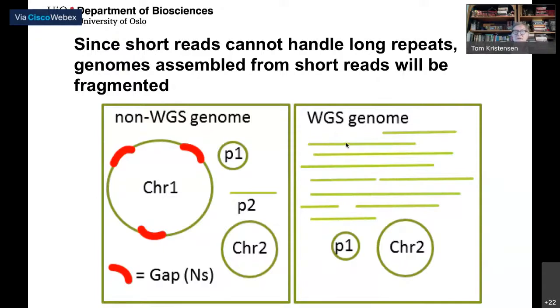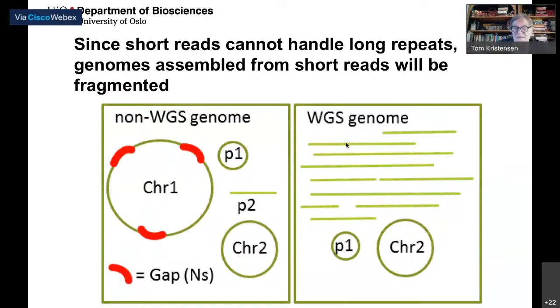But we'll have the complete, or almost the complete genome sequence, but it will not be completely ordered. And that, of course, could be a problem.